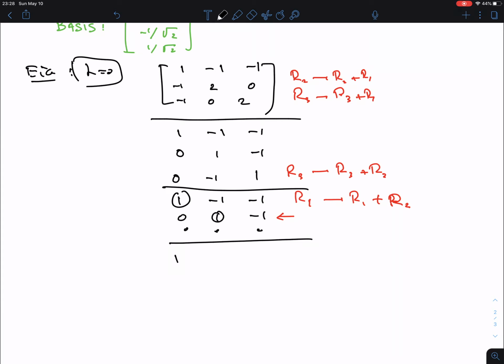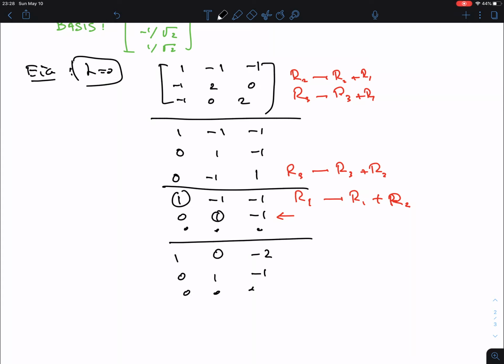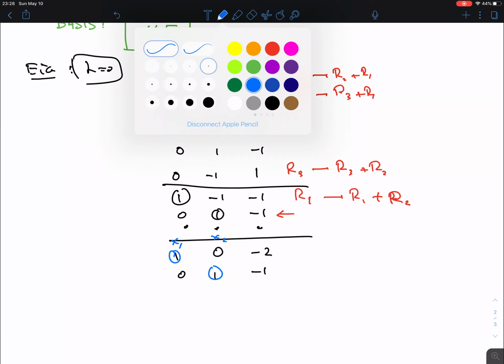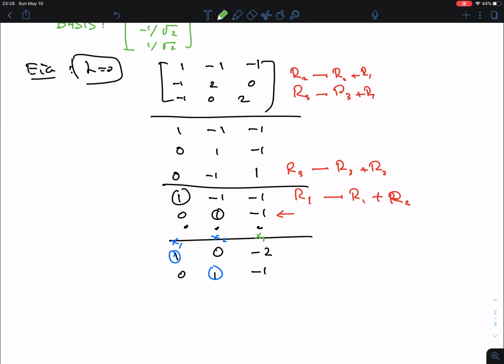That is 1, and adding that, 0, adding that, negative 2. 0, 1, negative 1, 0, 0, 0. Okay, so x1 and x2 are pivot variables, x3 is a free variable.